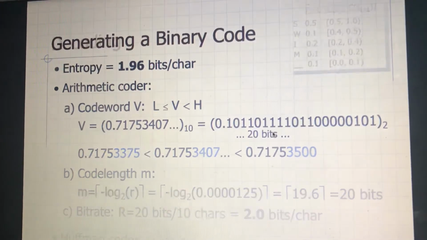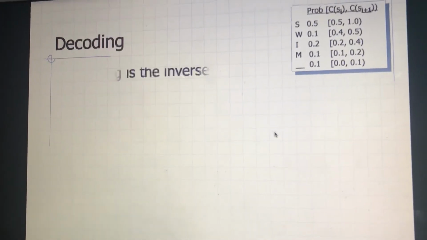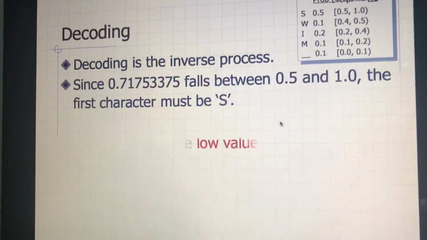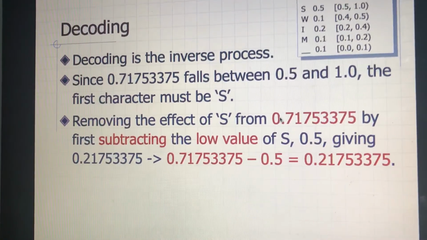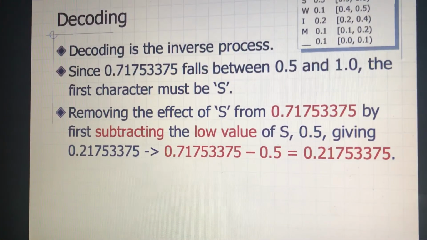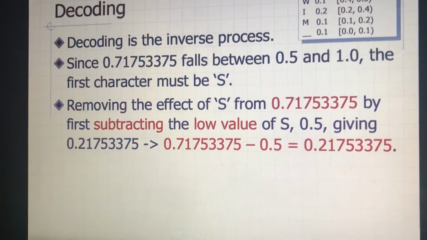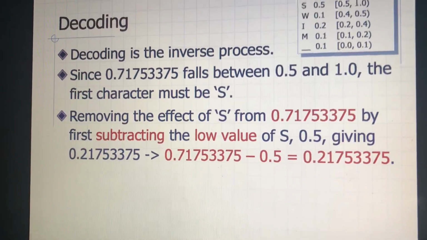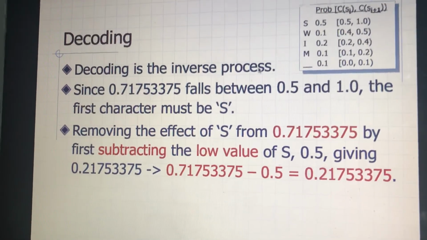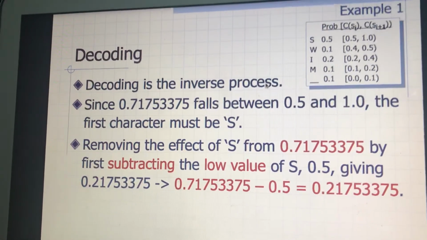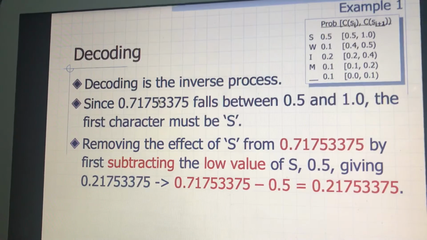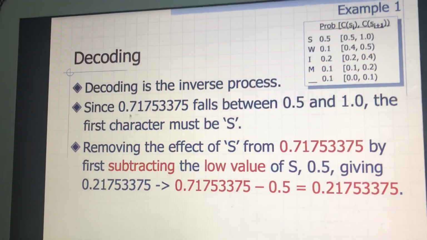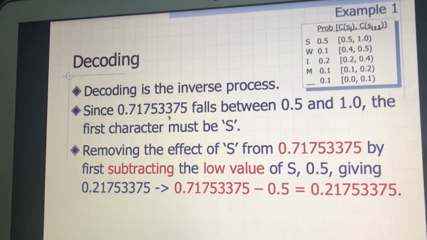Okay, then after you encode, you will do decode. Decode is where you inverse your encode to be as the original input, which means you have to transform it back to Swiss miss. So how to decode? You will take the V just now.